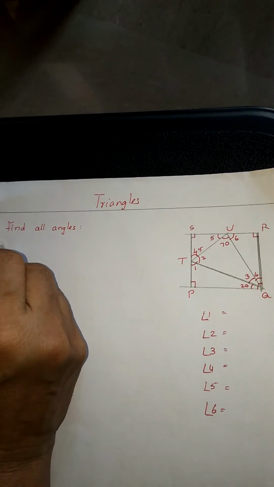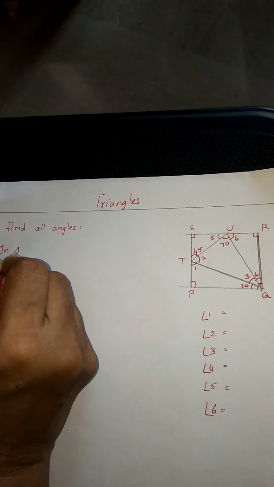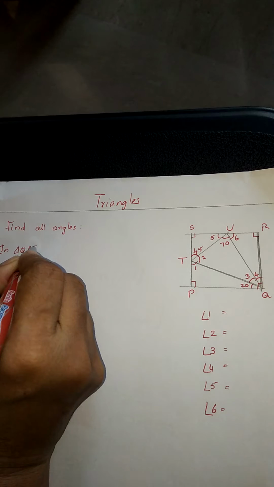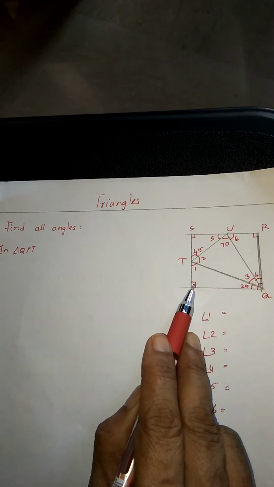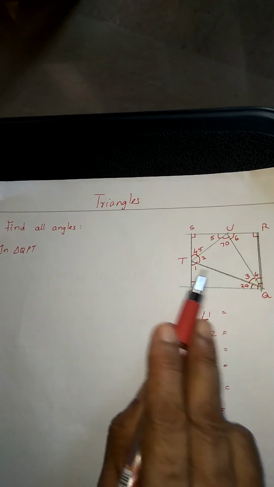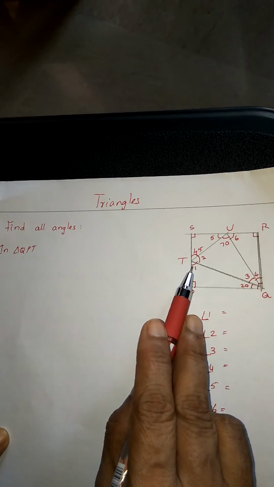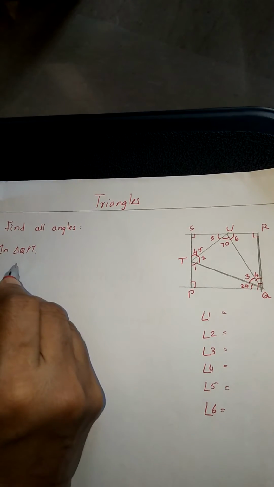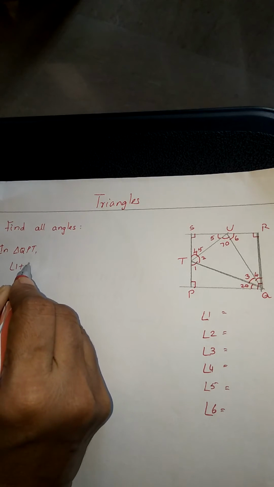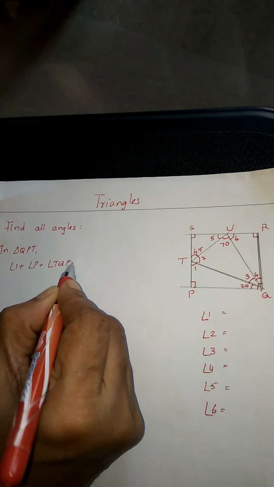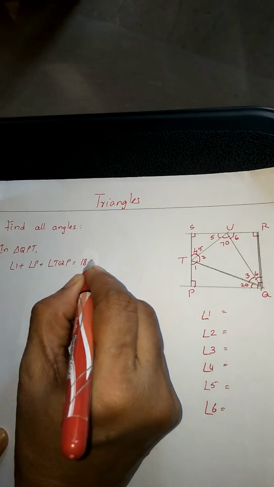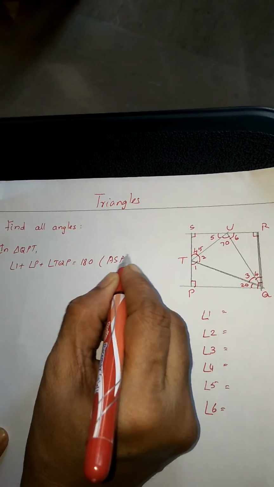So in triangle QPT, now we will start with this. This is already given as 90 degrees and this we know as 20. So from that we can find angle 1. So in triangle QPT, angle 1 plus angle P plus angle TQP is equal to 180 degrees, angle sum property.